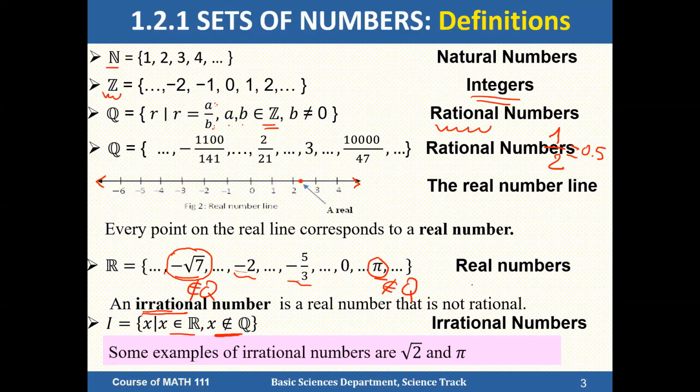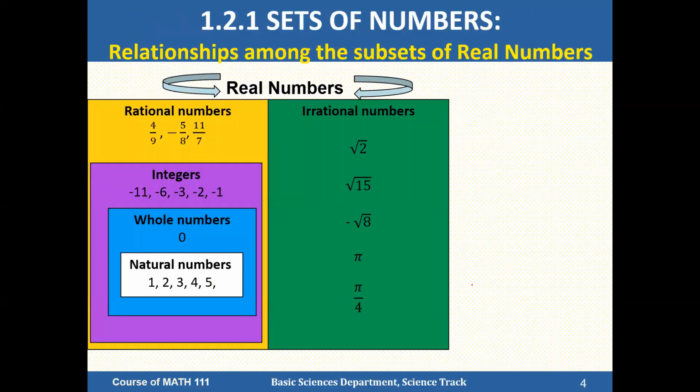So we can represent these sets as follows. We have natural numbers. When we add 0, we get a larger set called whole numbers.